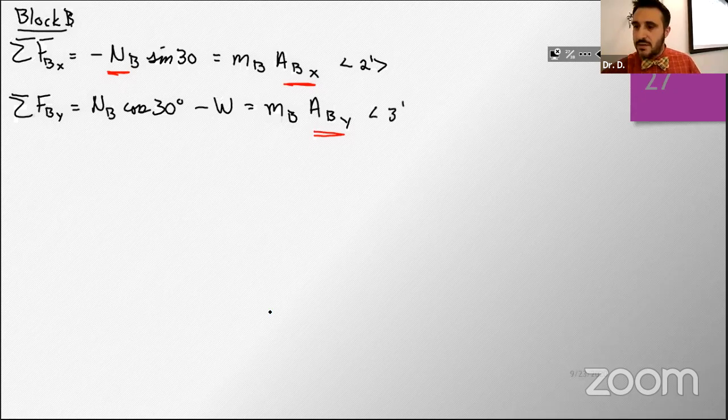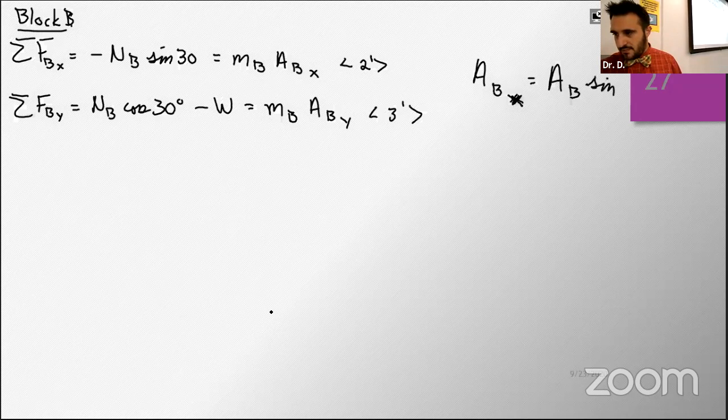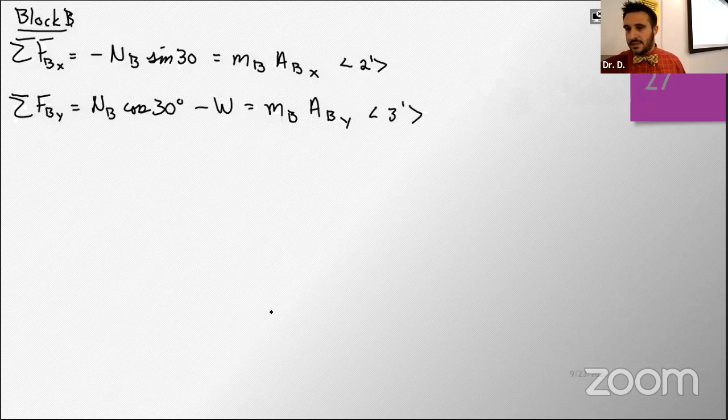So how am I going to do that? Well, technically you're good, because you have this equation: A_B in the X direction is equal to A_B, in this case, sine of 30. Well, I have to double check that. You're going to have to use trig identities to get these two in terms of each other.